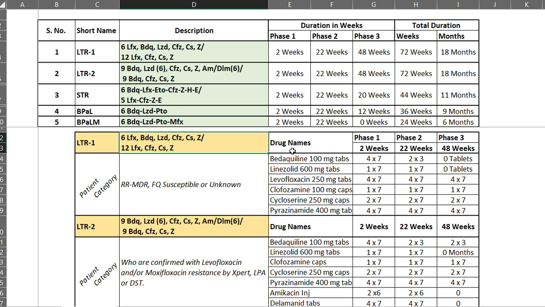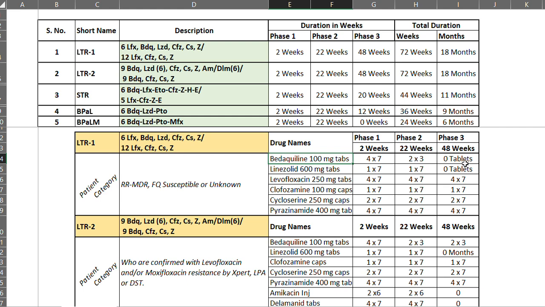Let's see how these drugs are used in a patient under treatment through LTR1. Bedaquiline 100 milligram tablets will be used 4 tablets a day for 7 days during the first phase, that means 2 weeks. During the next 22 weeks, or phase 2, it will be 2 tablets per day, 3 times a week.